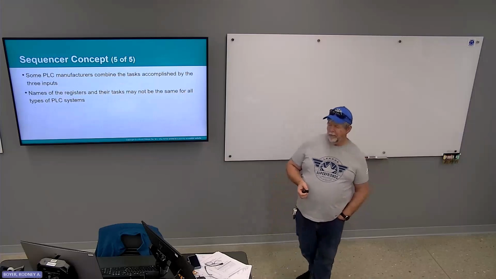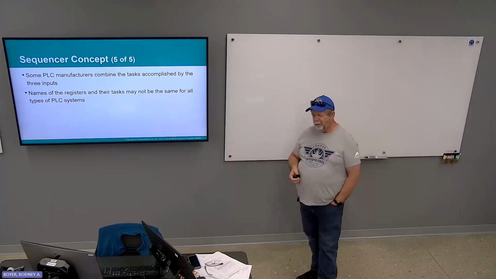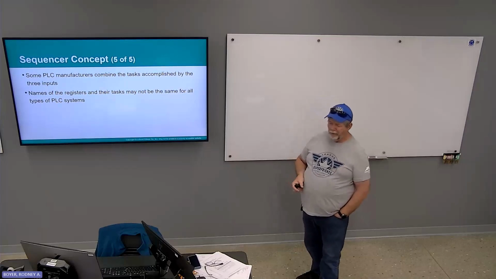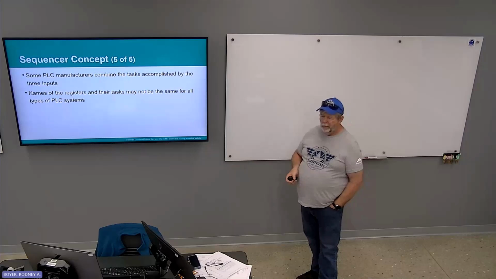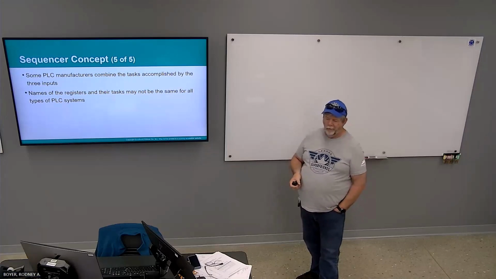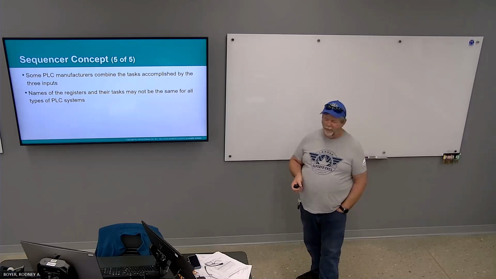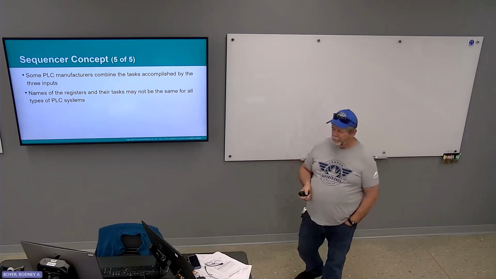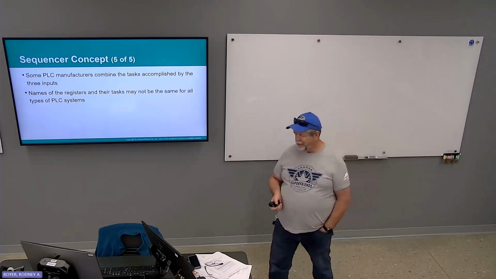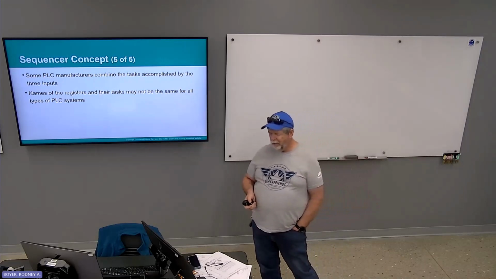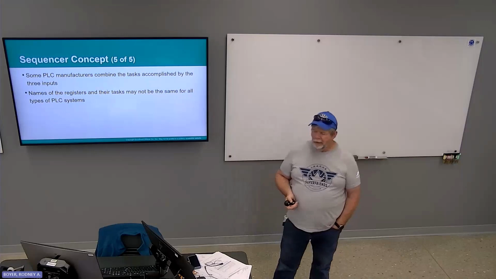And some PLC manufacturers combine the tasks accomplished by the 3 inputs. One of those companies happens to be Allen Bradley. Names of the registers and their tasks may not be the same for all types of PLC systems.